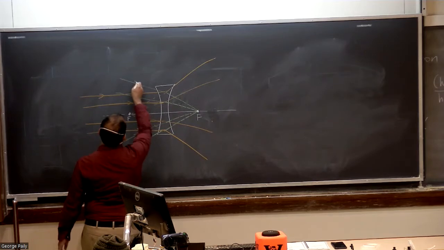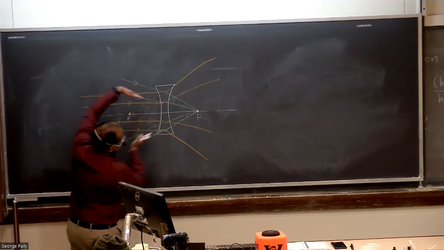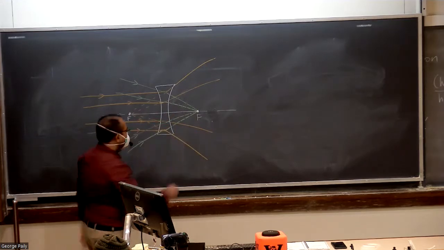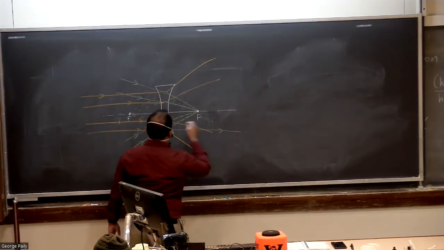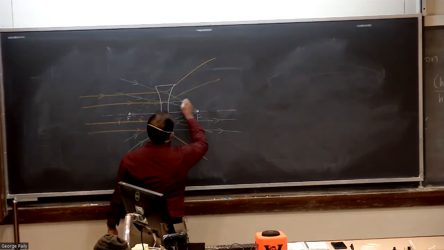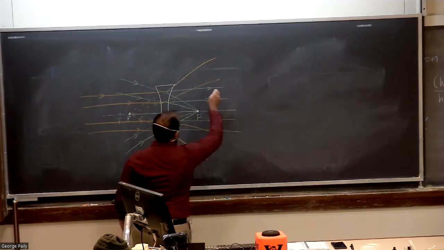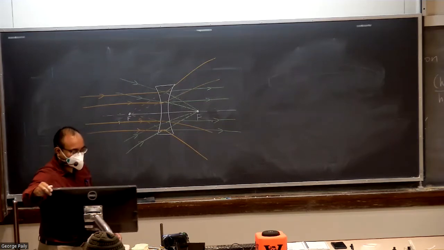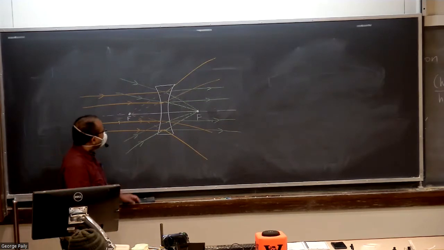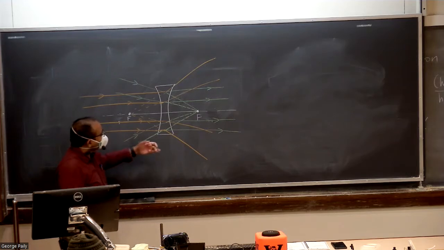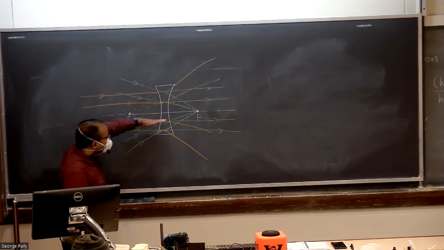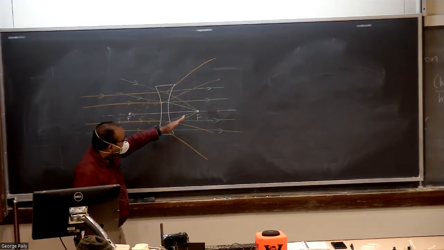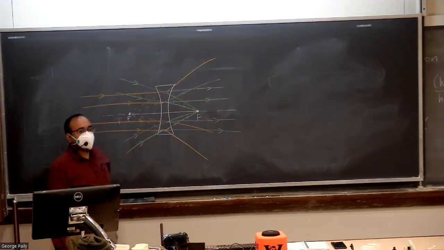I'm drawing them back because it's easier to get the straight lines. So you're aiming for this point, but then what does the diverging lens do? It will correct those to parallel rays. So just remember it's a diverging lens, and so if it comes in parallel, it has to diverge away from the axis. If it's trying to converge, then it will be diverged into being parallel.